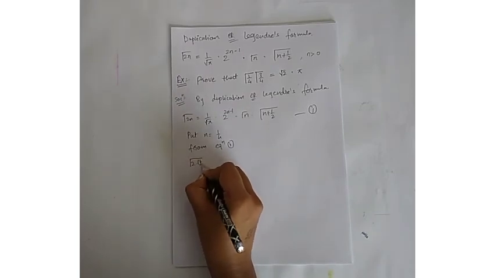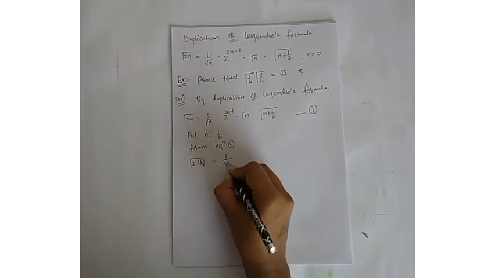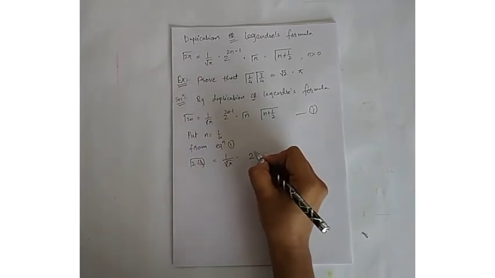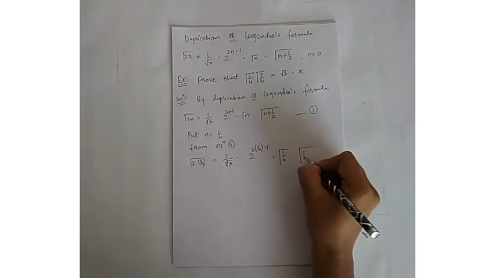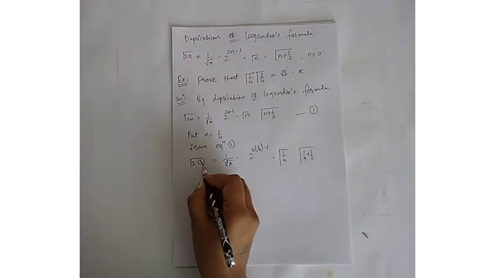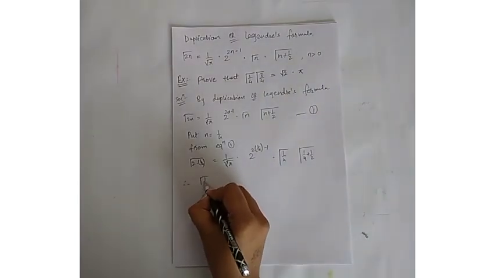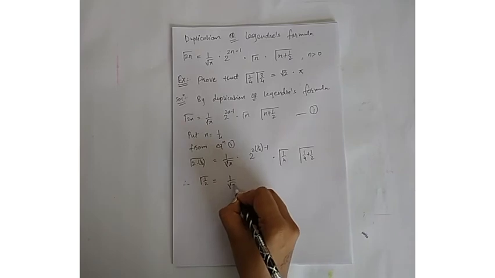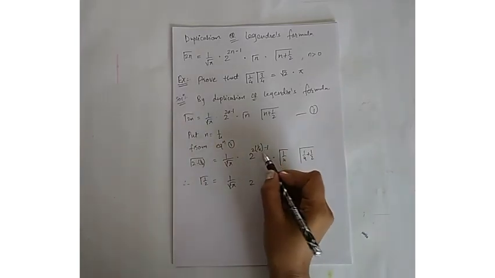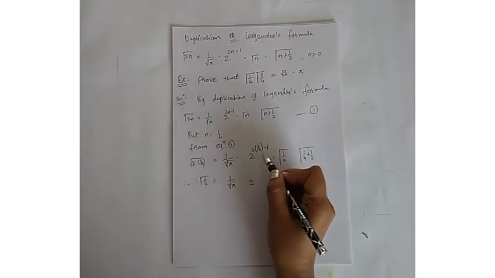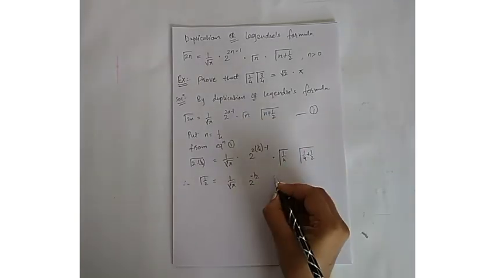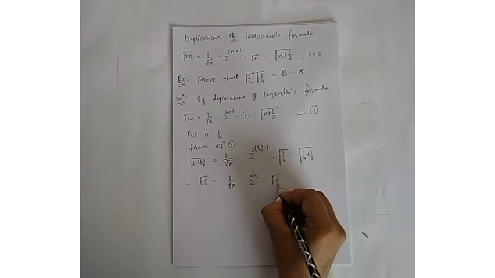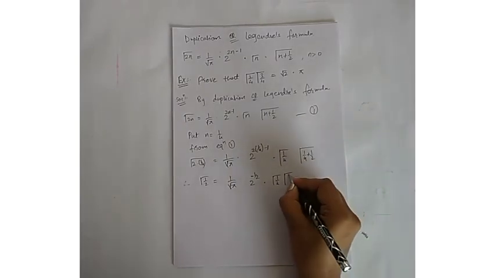Gamma of 2 into 1 by 4 is equal to 1 upon square root of pi into 2 to the power 2 into 1 by 4 minus 1, into gamma 1 by 4 into gamma 1 by 4 plus 1 by 2. So here gamma 1 by 2 is equal to 1 upon square root of pi, 2 to the power 1 by 2 minus 1, that is minus 1 by 2, into gamma 1 by 4 into gamma 3 by 4.